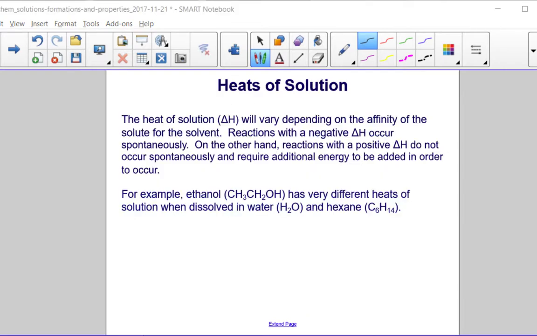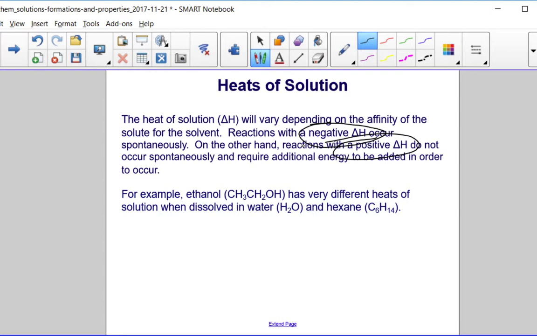The heat of solution, which we'll call delta H, will vary depending on the affinity of the solute for the solvent. Reactions with a negative value of delta H occur spontaneously, and reactions with a positive delta H do not occur spontaneously and require additional energy be added in order for the reaction or the dissolution to occur.